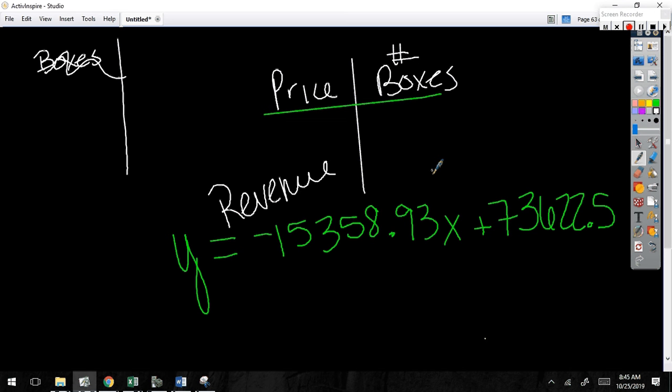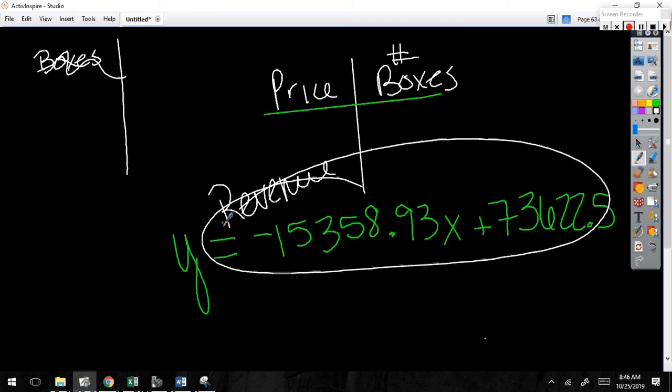So if I want to determine maximum revenue, I need to take this equation and multiply it by the total number of boxes sold, right?